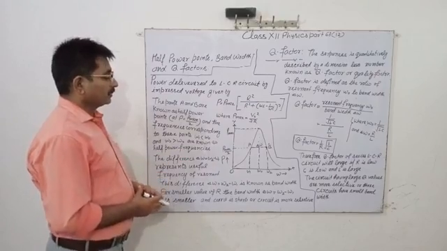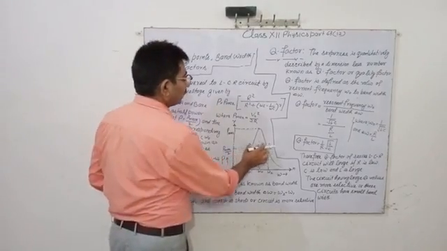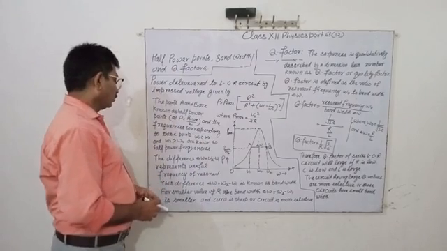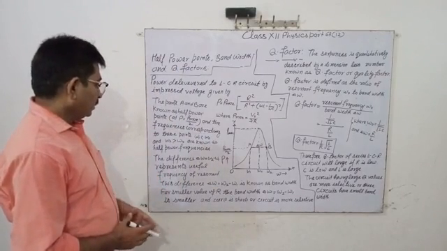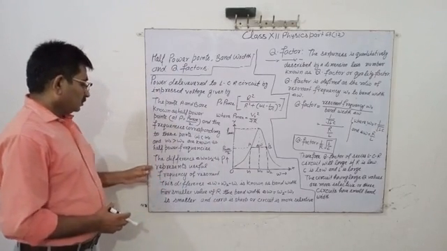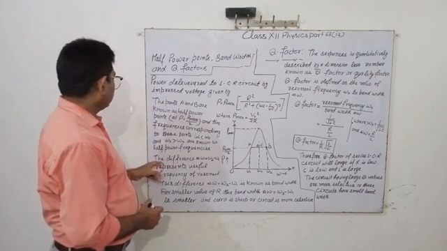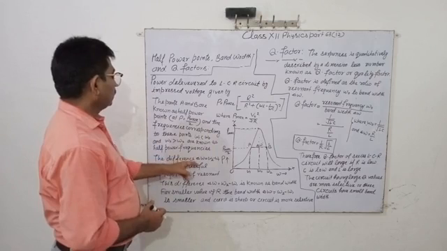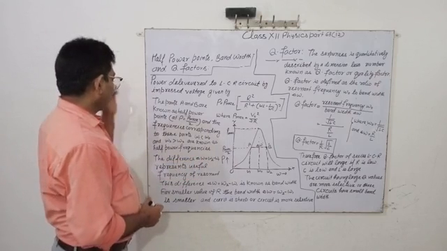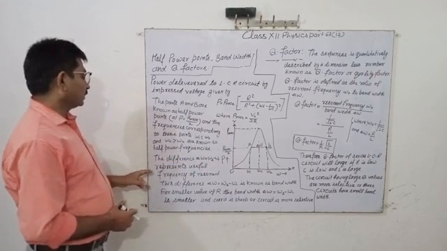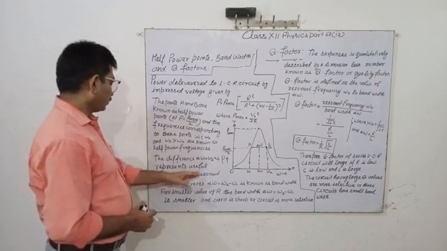The difference between these two frequencies is known as bandwidth. This is very useful. The difference delta omega equal to omega 2 minus omega 1 represents the useful frequencies of resonance.